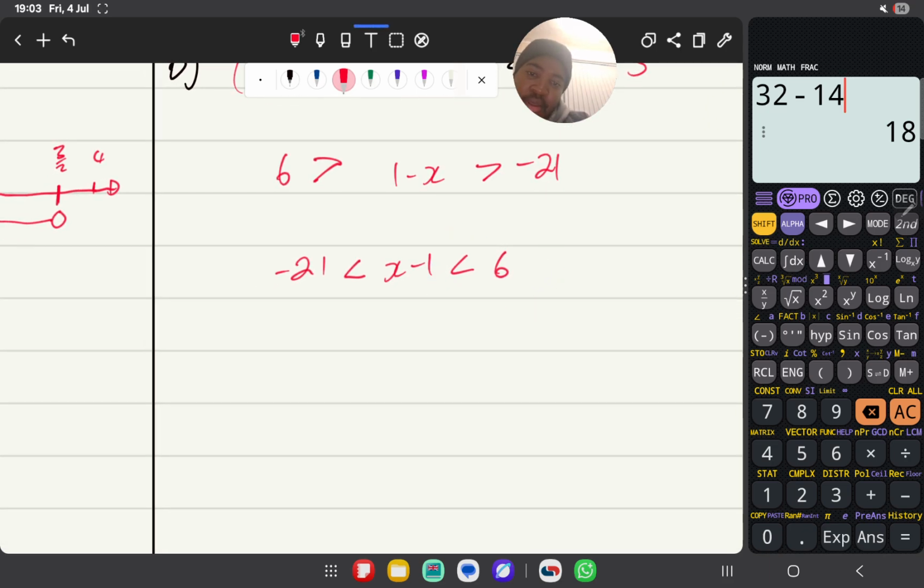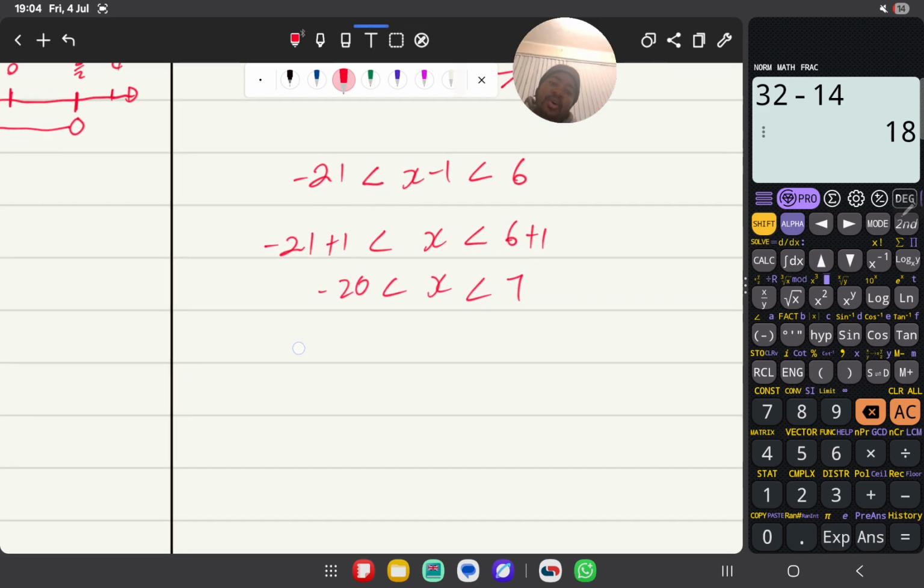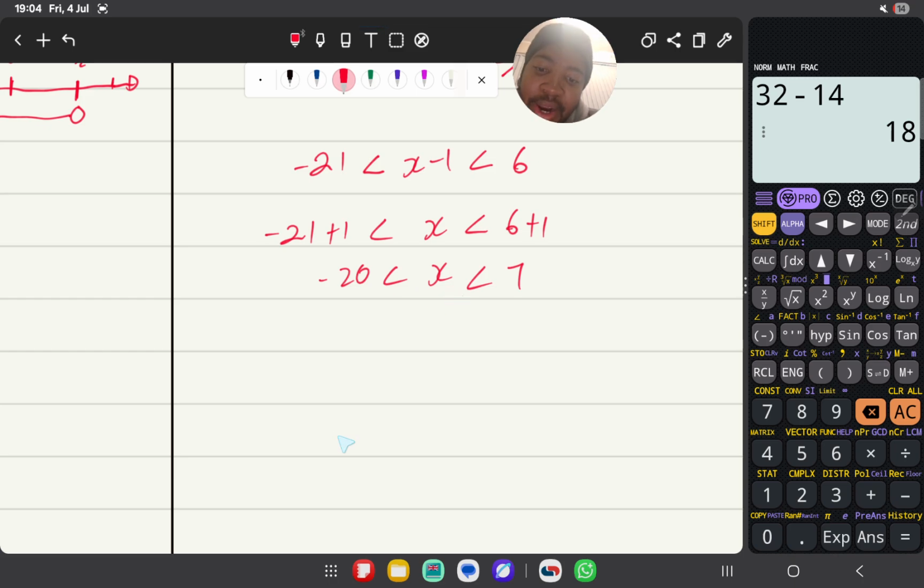And then you go to your math. You have 6 plus 1, you have 21 plus 1, and you have your interval at which x will be, right?